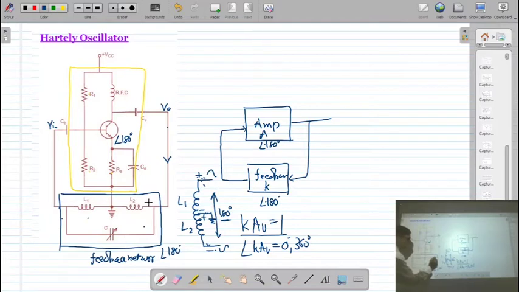If you consider this one as a positive terminal, this is a negative terminal, and this is going to introduce a 180 degree phase shift for our requirement. So in this way, this circuit is satisfying the Barkhausen criteria. Now, what is another thing? In this circuit, you can see RFC is there.